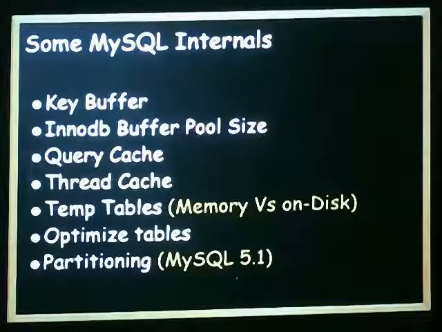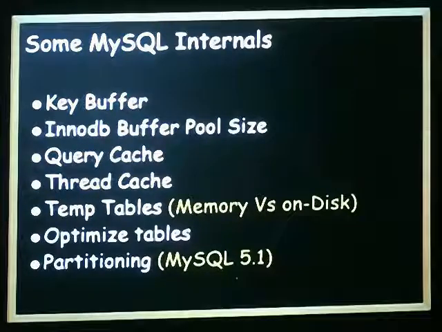Okay. So we talked about Nagios, and these things show up on Nagios. These are things you should pay attention to in MySQL internals. Even though it is somewhat boring, try to see what you can get from it. If you have lots of tables in MyISAM, then the key buffer is very important. If you have lots of tables in InnoDB, then the InnoDB buffer pool size is important, and the key buffer won't be.